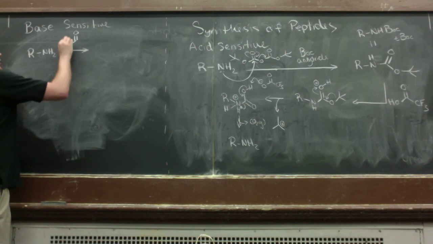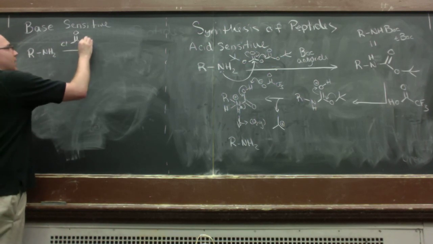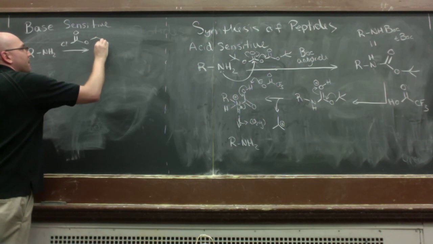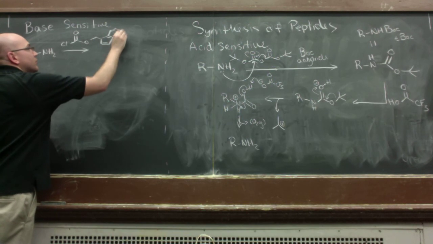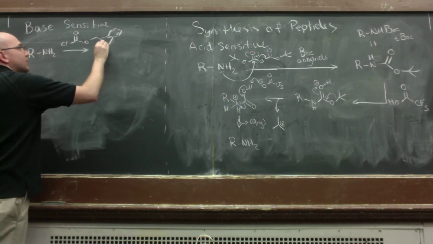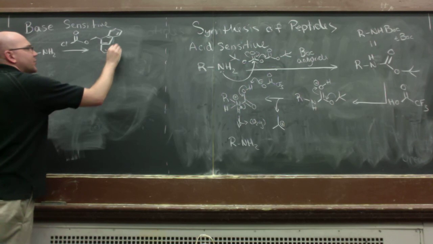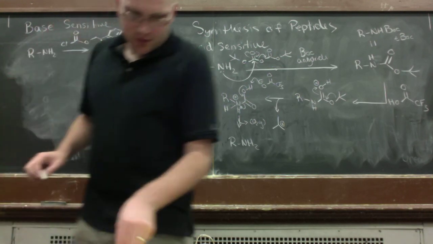The group is going to be a little bit, I'll just put a chloride there. It's technically called a fluorenyl. Let me try to draw this right now. Just double check this.